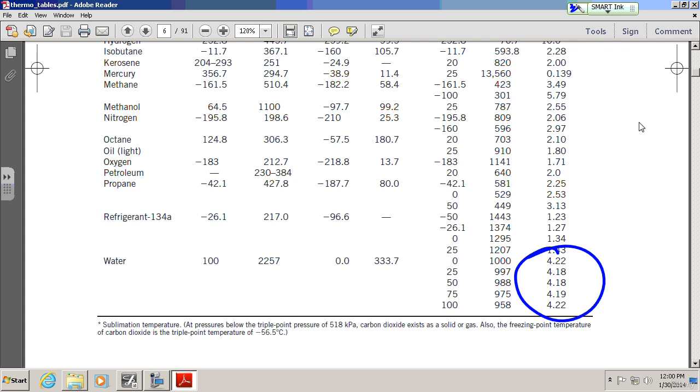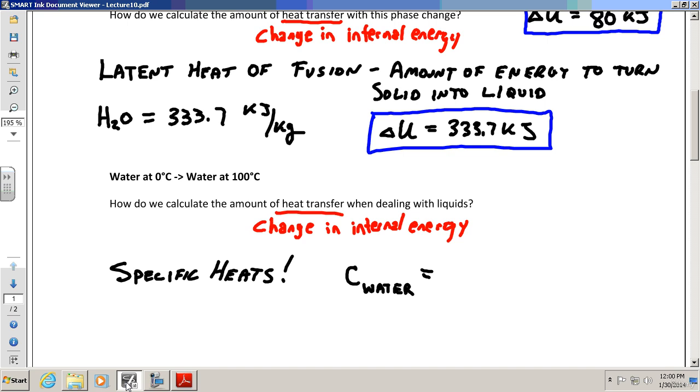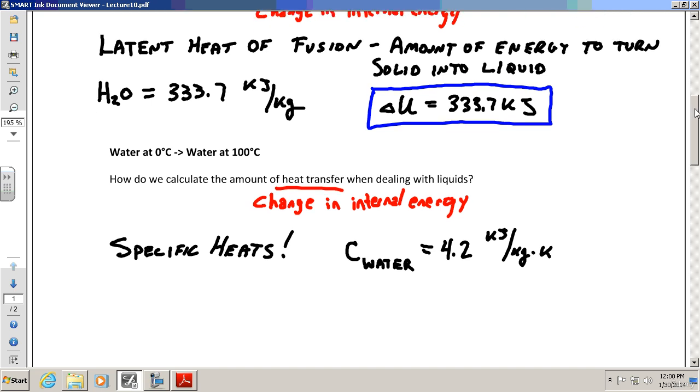I went with 4.2, and again, it's the same units. So I'm going to say the specific heat of water is 4.2 kilojoules per kilogram K. It's pretty easy to calculate the change in internal energy. The change in internal energy is equal to the specific heat times T2 minus T1 times the mass.